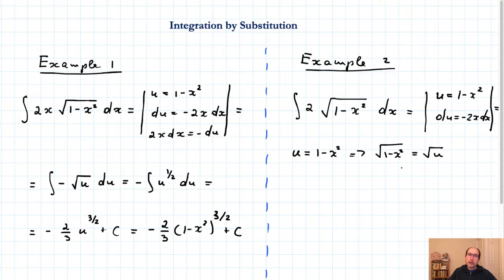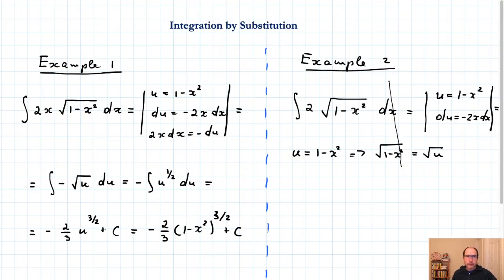However, in order to complete this substitution, we need to express all terms in the integral, including the differential dx term, in terms of u. As earlier, du equals negative 2x times dx, but additional calculations will now be needed because we cannot simply solve for 2x dx as we did before and use that to complete the substitution. That is because the x term is no longer present in our integral.